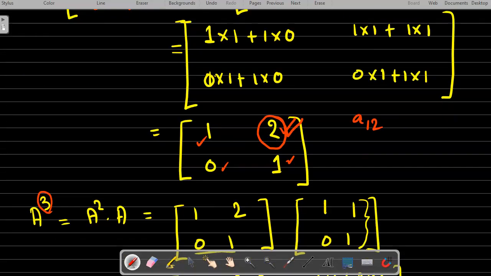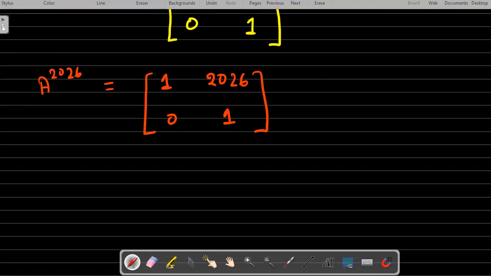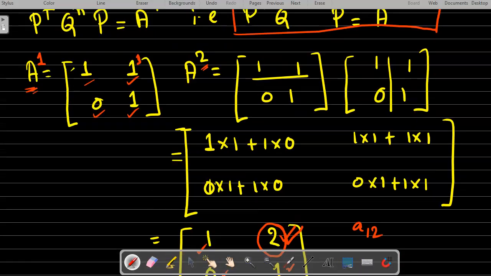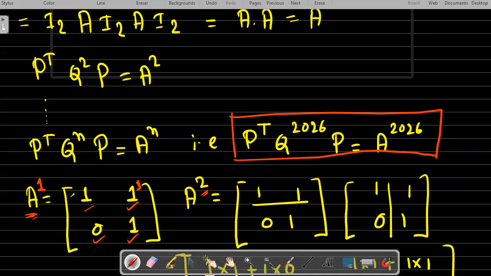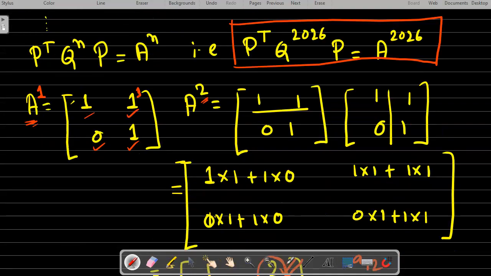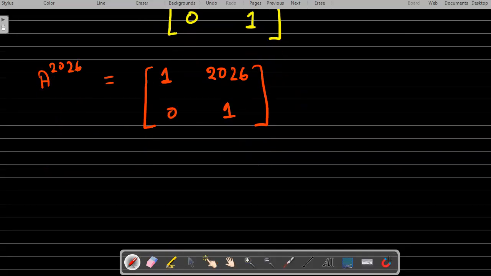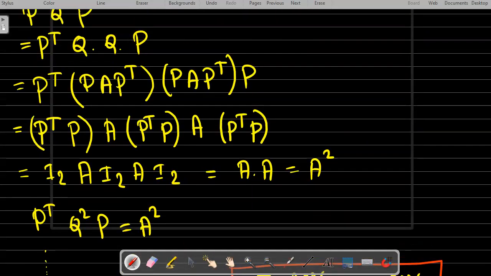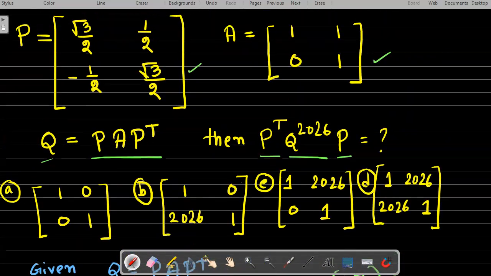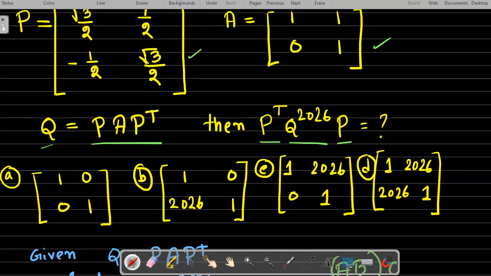Now, what is A to the power 2026? That is 1, 2026, 0, 1. So P transpose Q to the power 2026 P is equal to 1, 2026, 0, 1. So what is the answer? This option C is the correct answer.